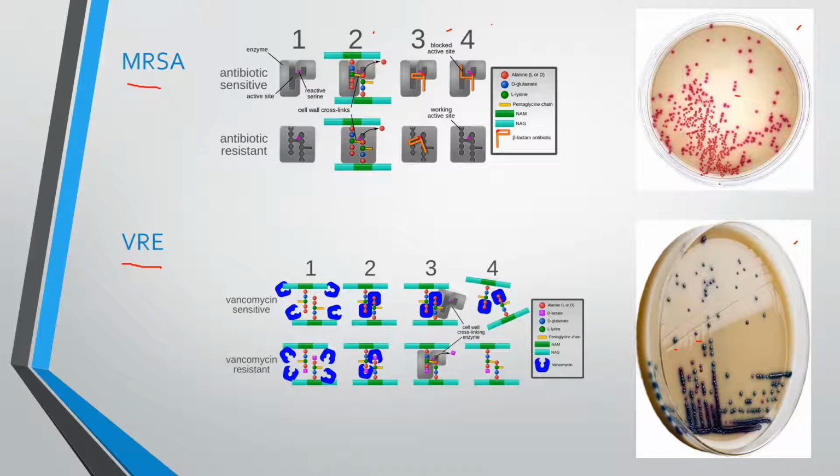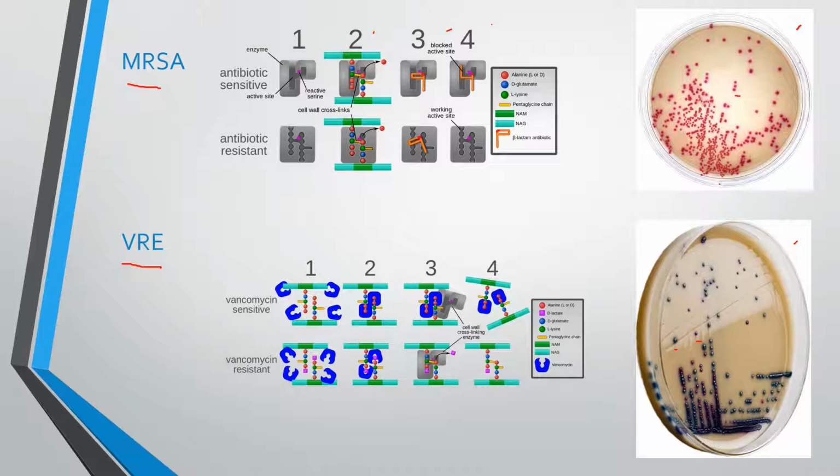The other thing that we use is this MRSA plate, which is a chrome agar, and it contains oxacillin, at 6 micrograms per milliliter.